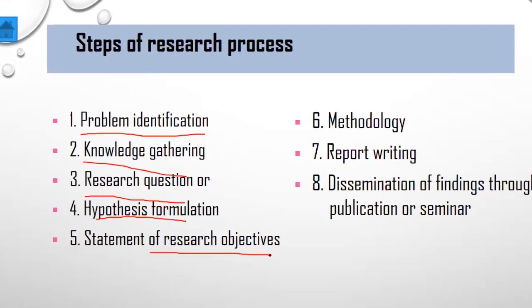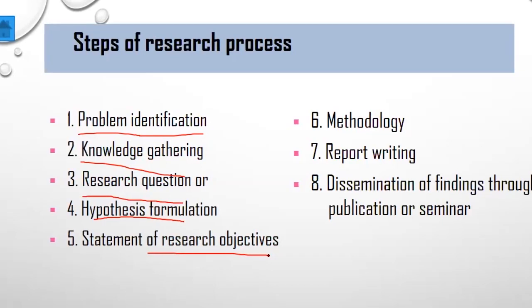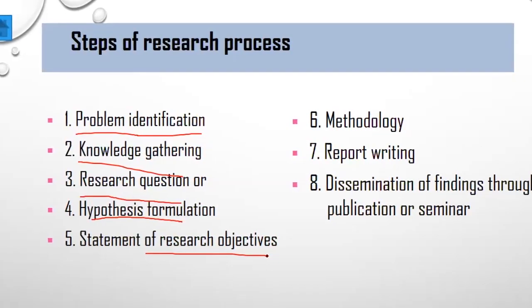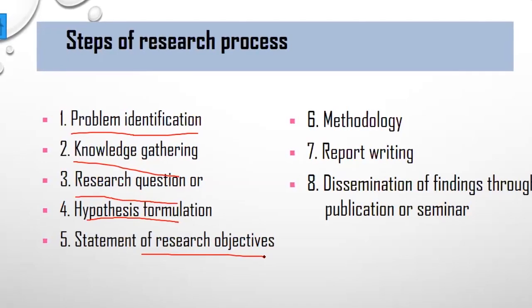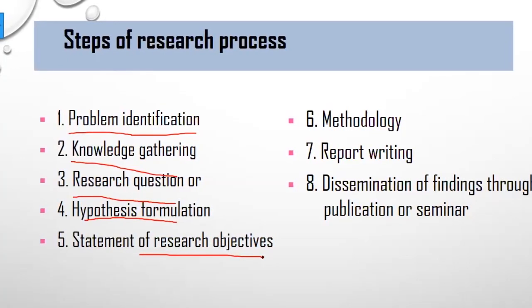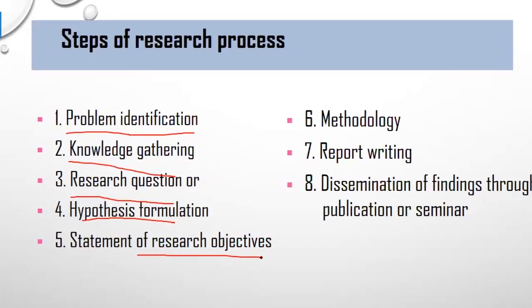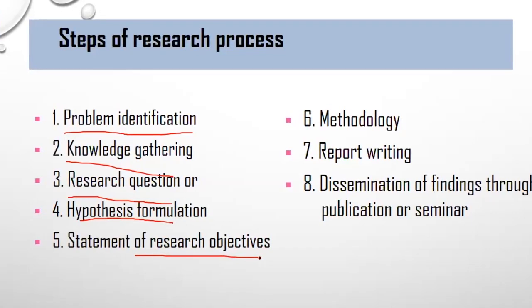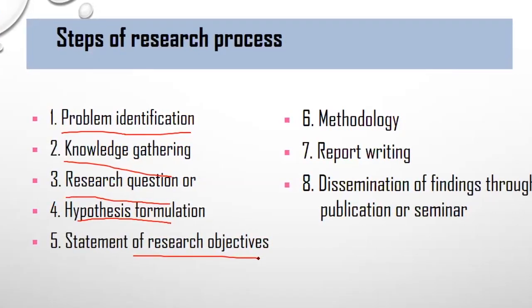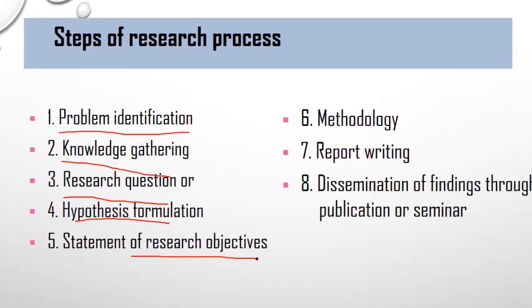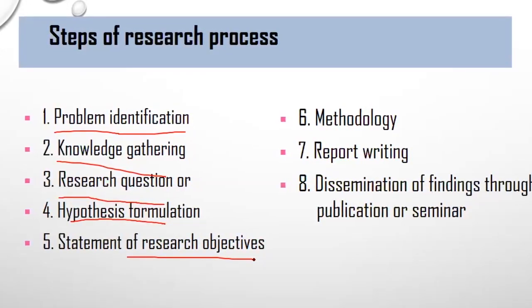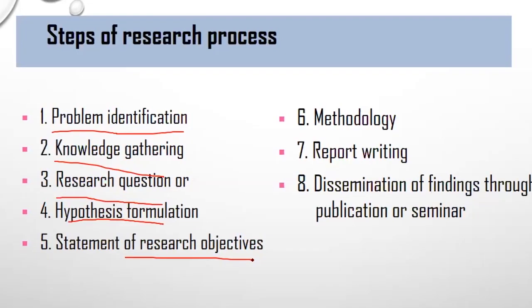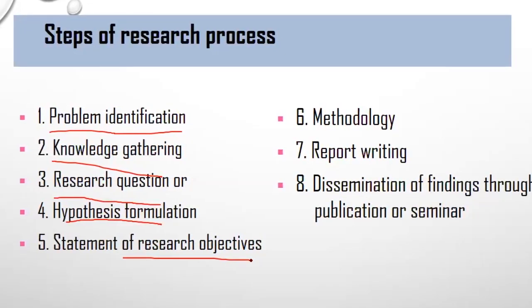The general objective is actually a short statement that expresses in summary form what will be done during this study. Suppose I provide an example by saying a title of research: morbidity pattern among the rural households in Thamrai Upazila.